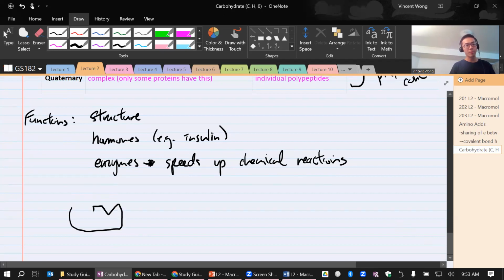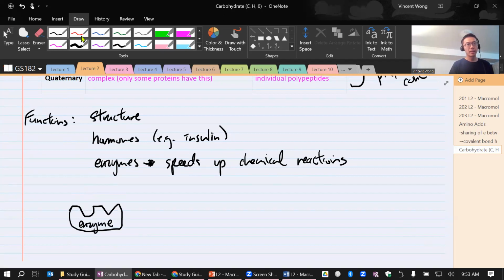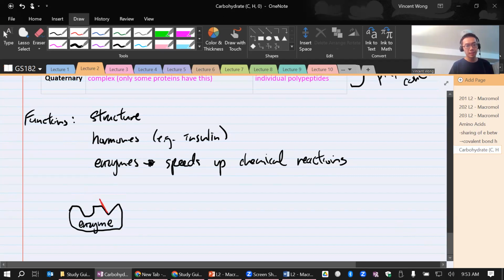I don't remember if I put questions on it, but the key thing is this. This is the enzyme, and this is where you fit the molecule in. This is the substrate, the ingredient of the reaction, and the slot that you fit them in is called the active site.